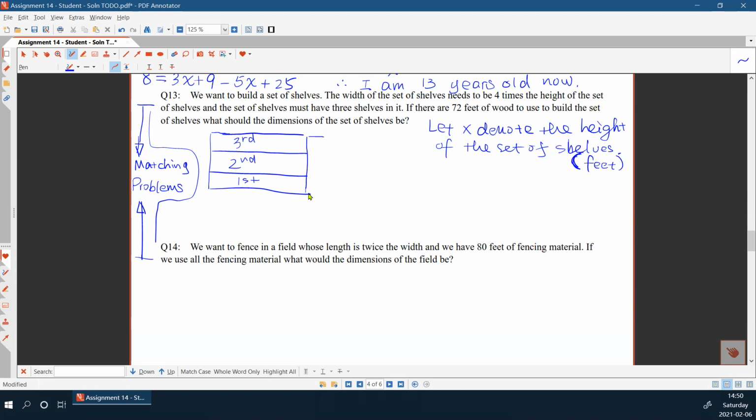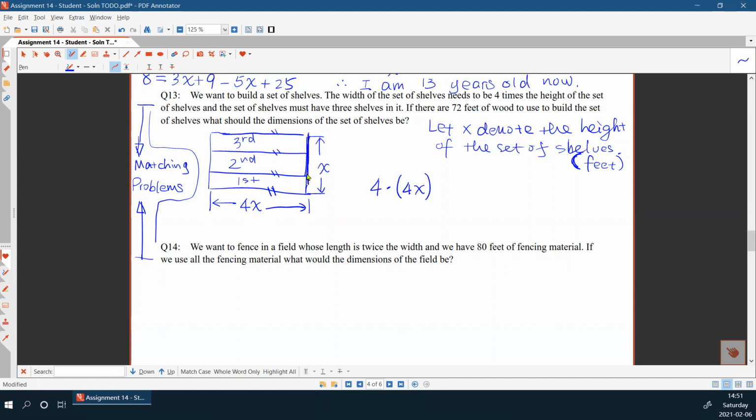Okay, so here we have our height, which is x. And we also know that the width of the set is 4 times the height. Okay, so that means here the length is 4x, right? So in order to make the shelf, we have 1, 2, 3, 4, 4x, right?